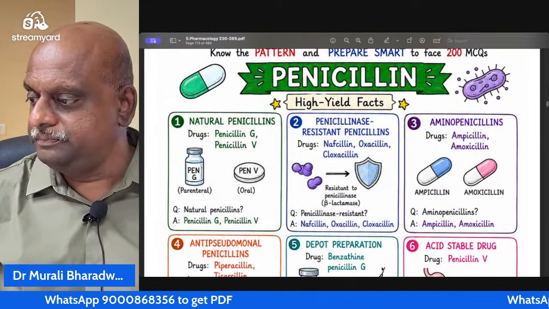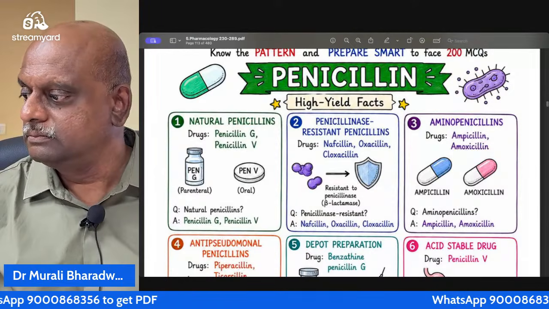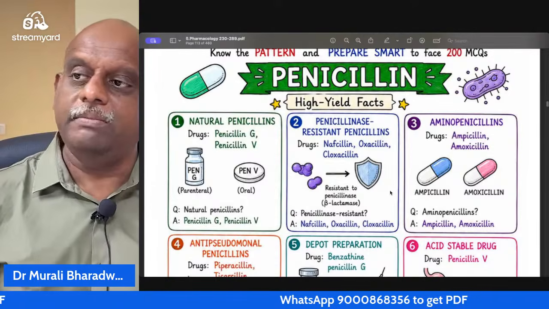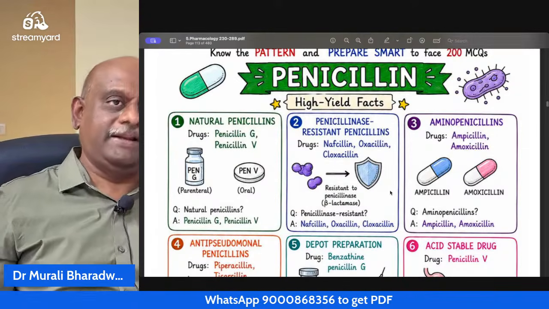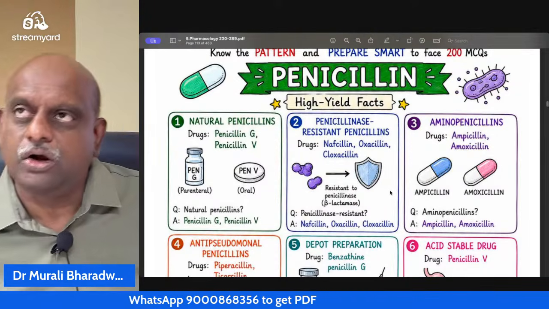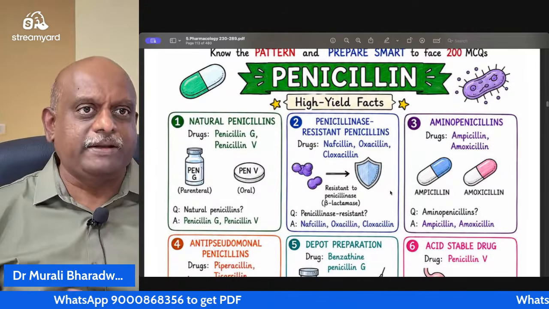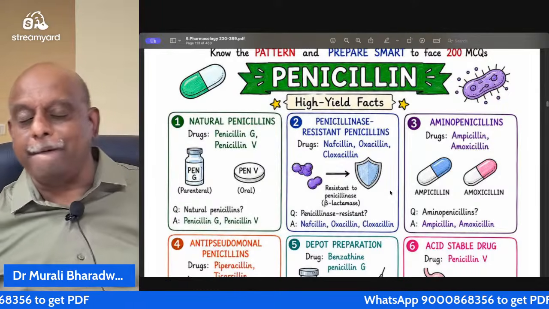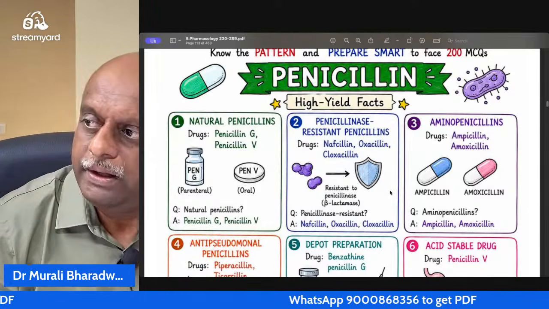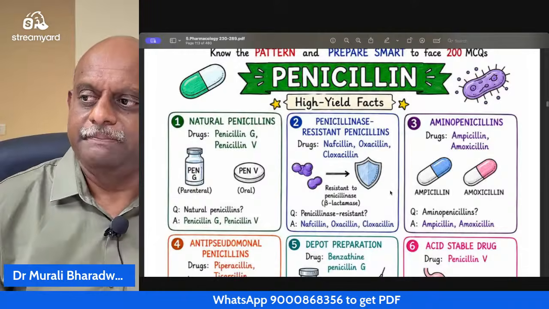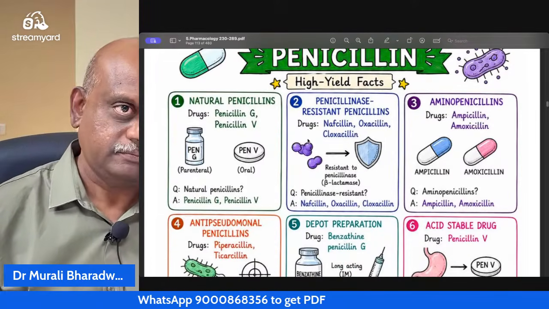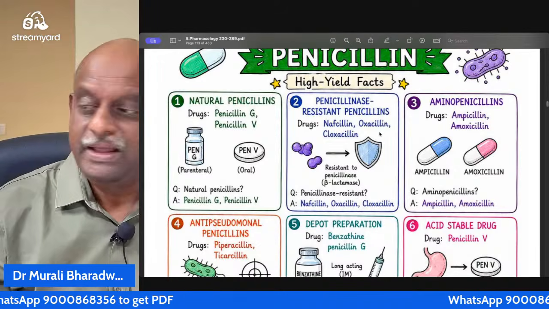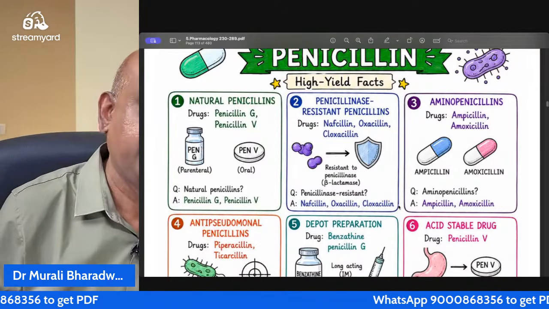Now, topic number 15, penicillin. Out of 60, 15 is 25%, download is over. Natural penicillins, penicillin G, penicillin V. Penicillinase resistant penicillins, nafcillin, oxacillin, cloxacillin.